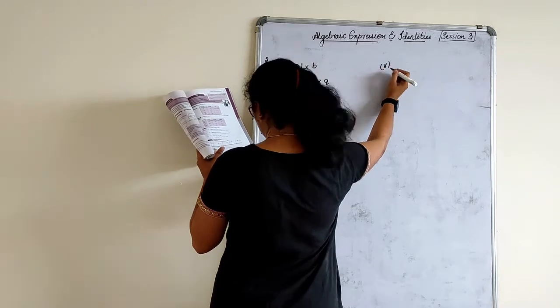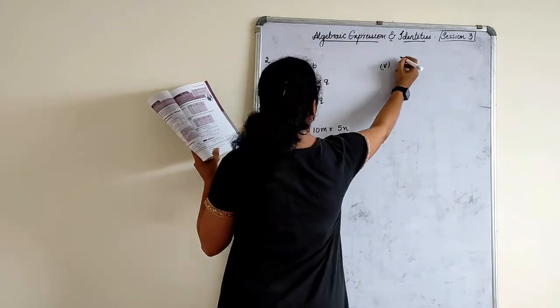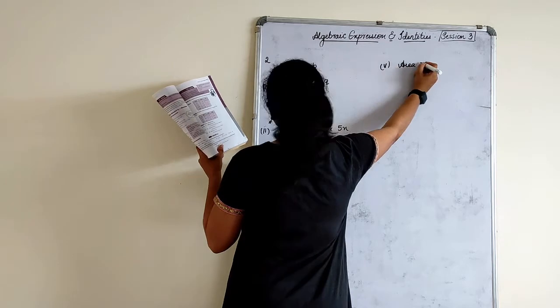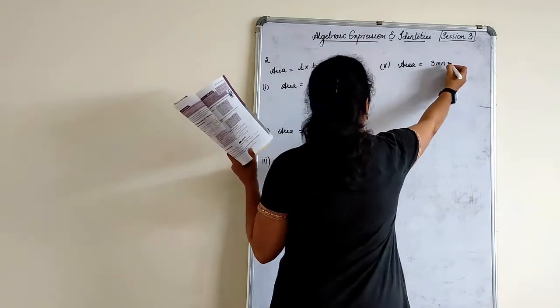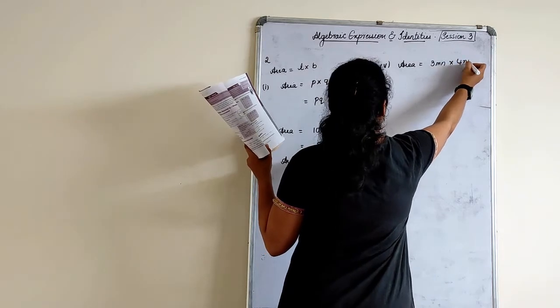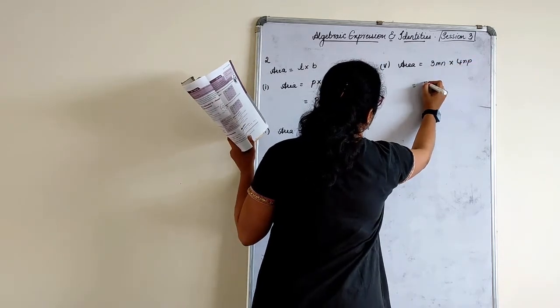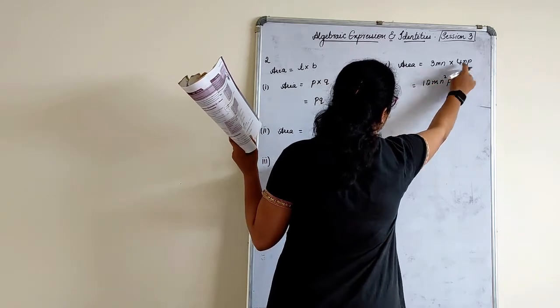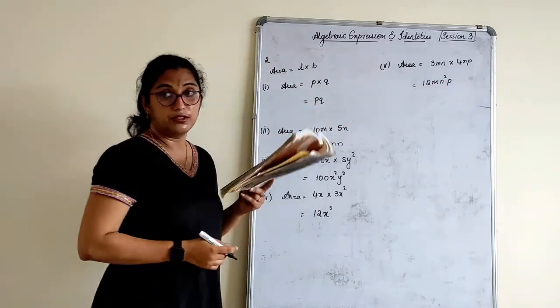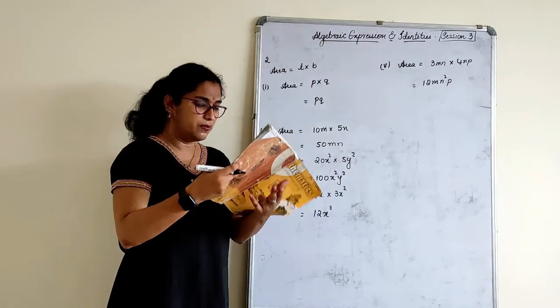Fifth one, area is equal to 3mn into 4np. So 3 fours are 12mn square p because n 2 times and p. So that's your answer. Quite simple.